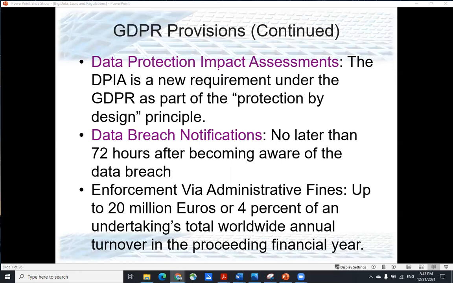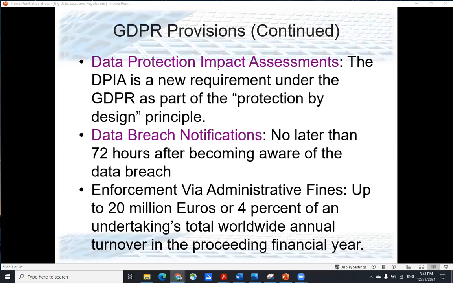Another is if you are systematically monitoring a publicly accessible place on a large scale, or processing children's data, or processing personal data related to racial or ethnic origin, political opinions, religious or philosophical beliefs, or trade union membership, and also if you are processing genetic data or biometric data for the purpose of uniquely identifying a person.